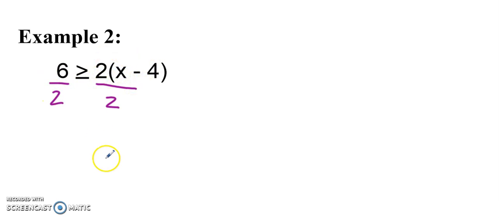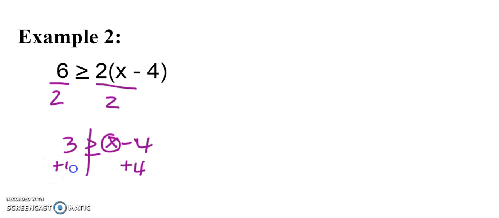I can do that on the other side, and I have 3 is greater than or equal to x minus 4. That worked out nicely because the 6 is divisible by 2. Now I would go on to isolate my variable by adding 4 to both sides, and I get 7 is greater than or equal to x.